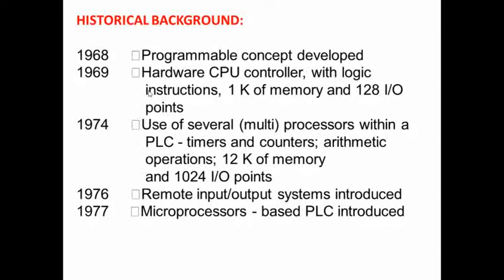The first PLC offered relay functionality, thus replacing the original hardware relay logic, which used electrically operated devices to mechanically switch electrical circuits. They met the requirements of modularity, expandability, programmability, and ease of use in an industrial environment.